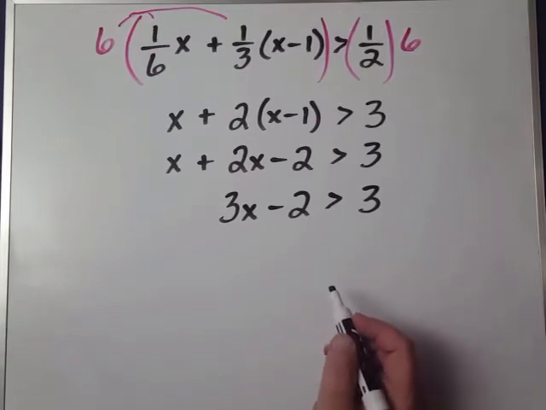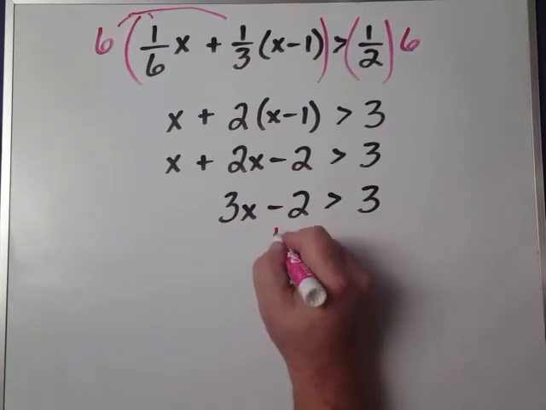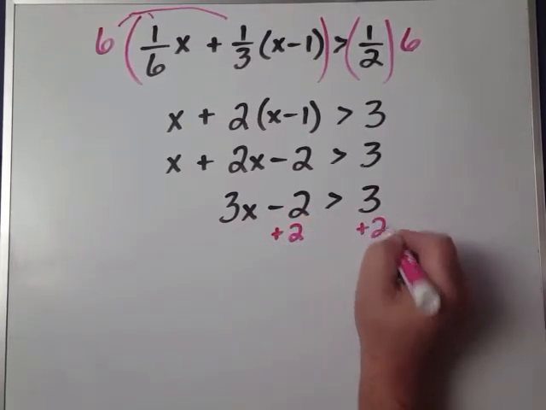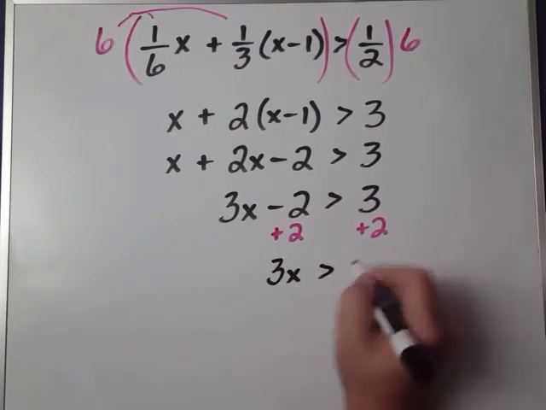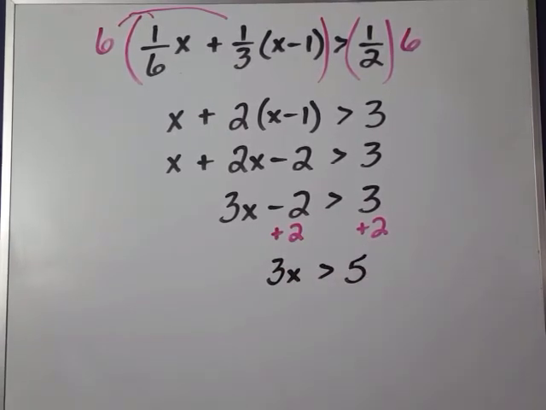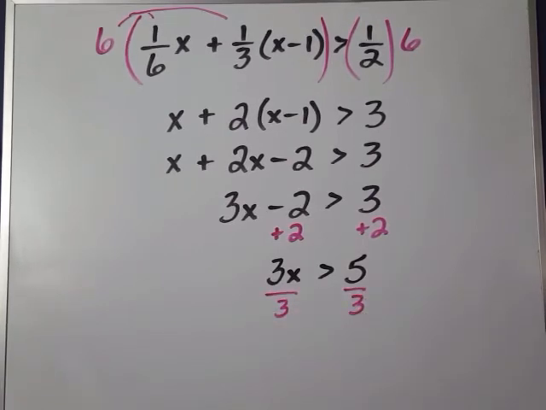And so we want to get x by itself. We will add 2 to both sides. And divide both sides by 3. We're dividing by a positive number, so we don't have to switch the sense of our inequality.